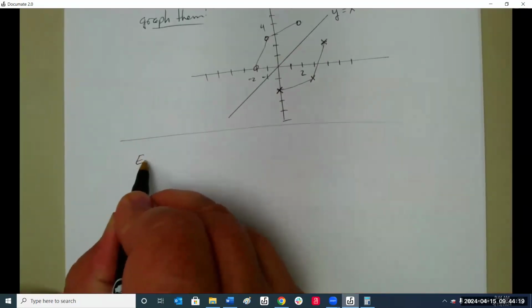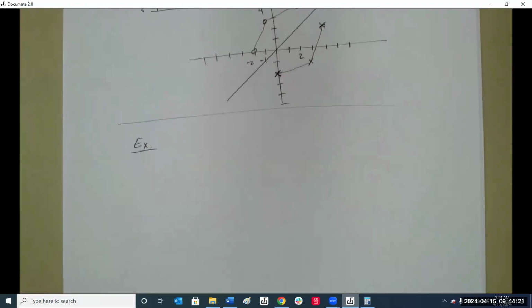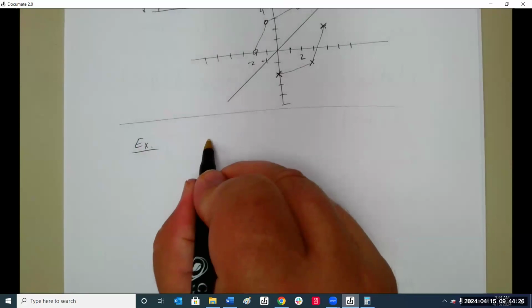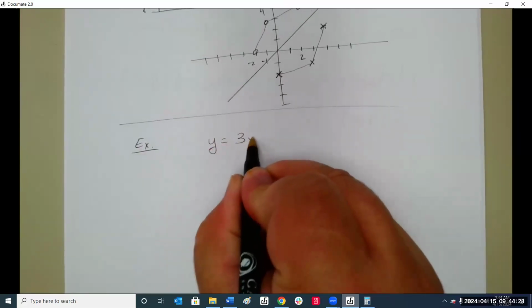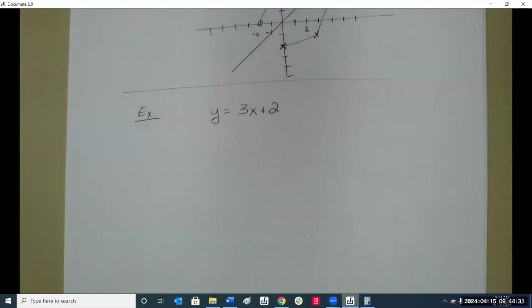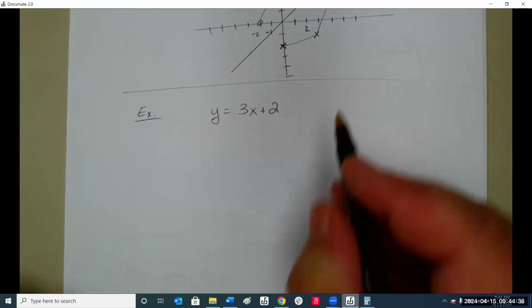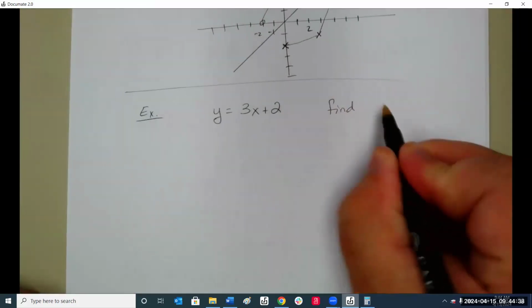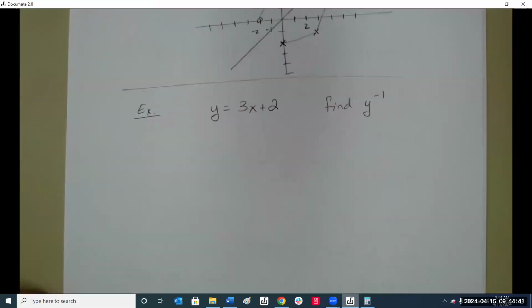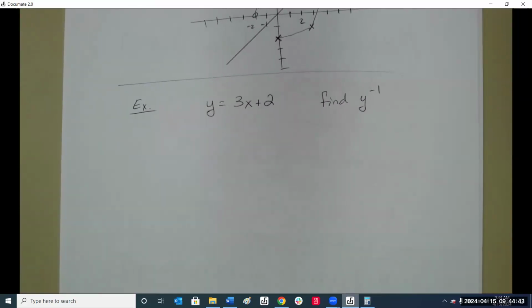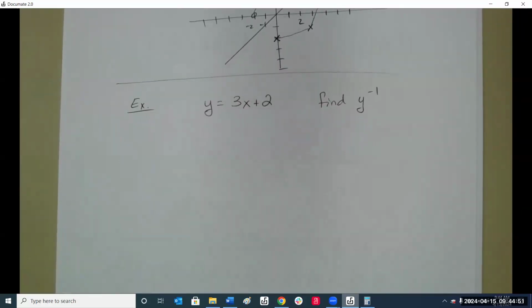So let's look at finding the equation of inverse functions. Let's look at this one. Find the inverse of y. To be honest with you, everything you need to know, we've talked about already.